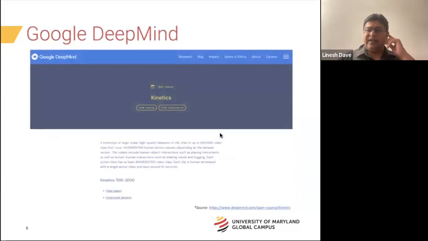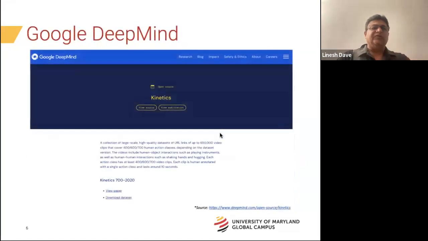The other resource I could think of is Google's DeepMind. It's another resource that has a wide variety of data that you can get hands-on with. And both of these, not just DeepMind but the other one as well, have not just pure data sets, but also multiple white papers and some projects being undertaken based on the data sets available here.